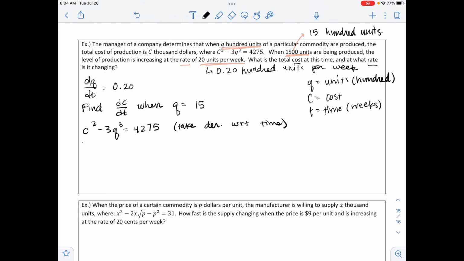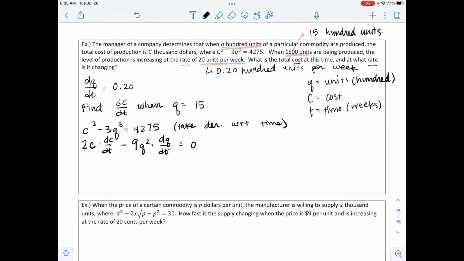We're going to have 2C times dC/dt minus 3 times 3, which is 9, Q squared times dQ/dt equals, and the derivative of that constant would just be 0 on the right side.